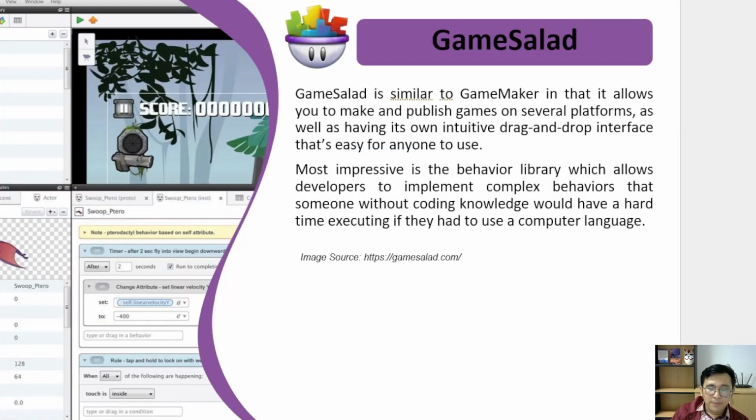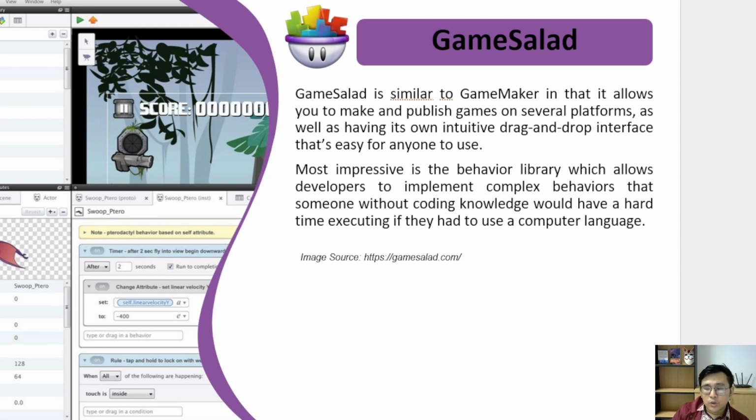We also have GameSalad. This is also similar to Game Maker. The advantage of GameSalad is that it makes game publishing easier, because it connects you directly to Google Play or the Apple Store to publish your game.